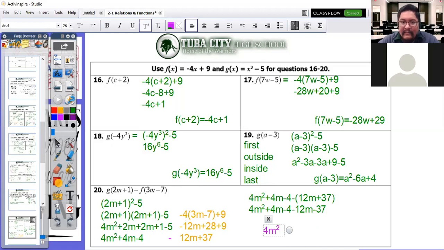Now this is going to make it a little bit easier to put our numbers in, because looking at it from here, I can see that I have 4m minus 12m, which would be minus 8m. And then my regular numbers, I have negative 4 and negative 37, which would be negative 41.